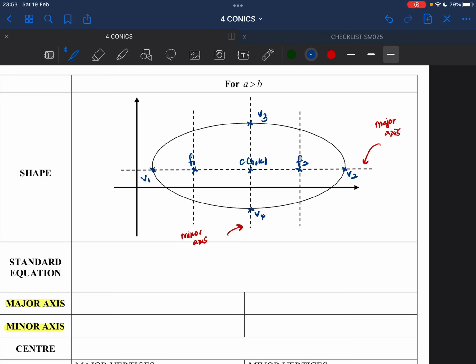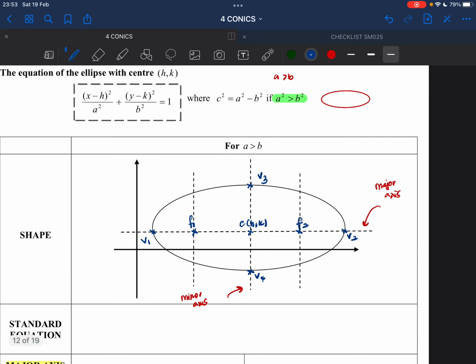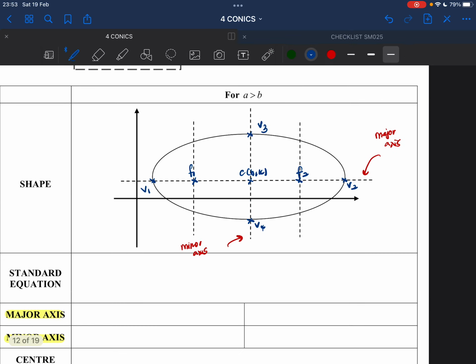Another thing: where do the values of a and b come from? And here we have the equation for c squared. So what do all these values mean? You have to know that the distance between the vertex and center along the major axis is labeled as a. The vertical distance between the vertex and the center is b.